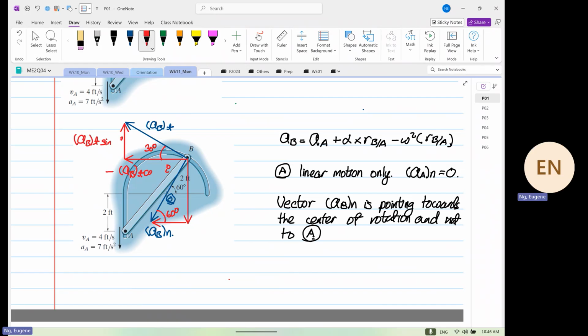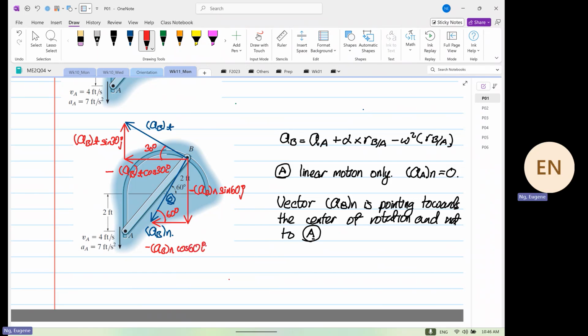It's cos 30 i, sine 30 j. And then the next one is where you have ABN: sine 60 j, and this is going in the minus direction, and you will have cos 60 i.